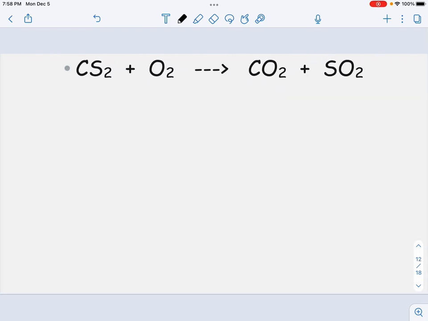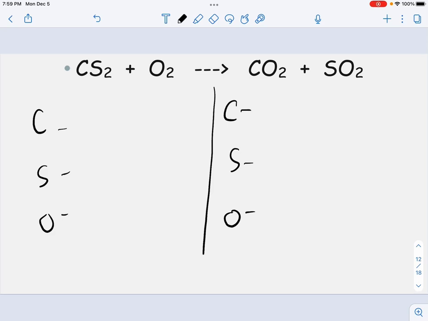We have CS2 plus O2 produces carbon dioxide and sulfur dioxide. Do what you always do. You're going to label all the elements on both sides. If there's an element on one side, it has to be on the other side. Law of conservation of mass. Let's go ahead and label how many we have.